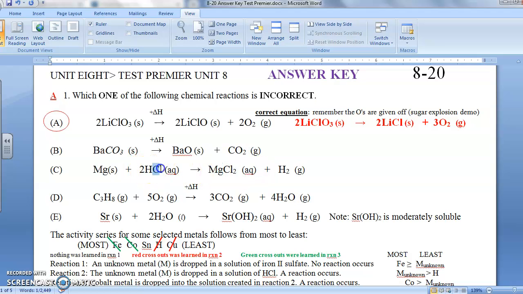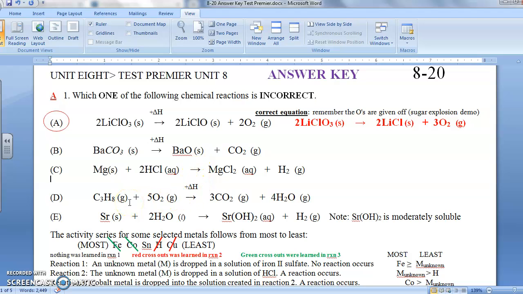The chloride ions did nothing. They were Cl- here, they're still Cl- here, and that 2 is there because we crisscrossed the 2+ from magnesium and the 1- from the chloride. So this is the correct single displacement of hydrogen ions from solution.